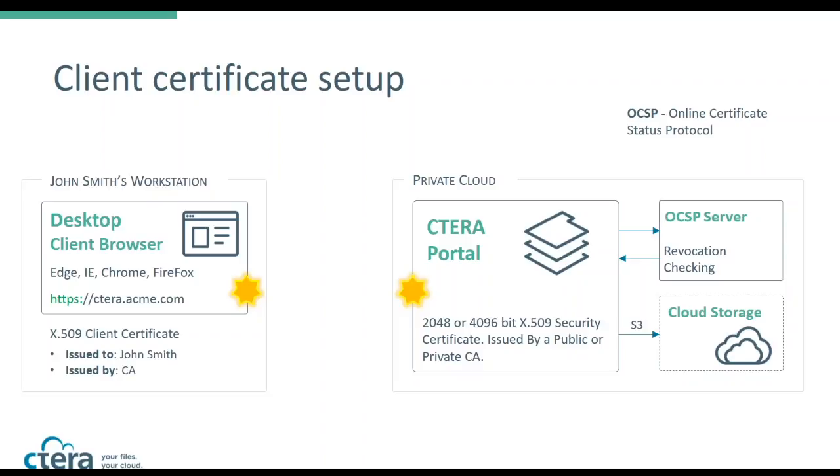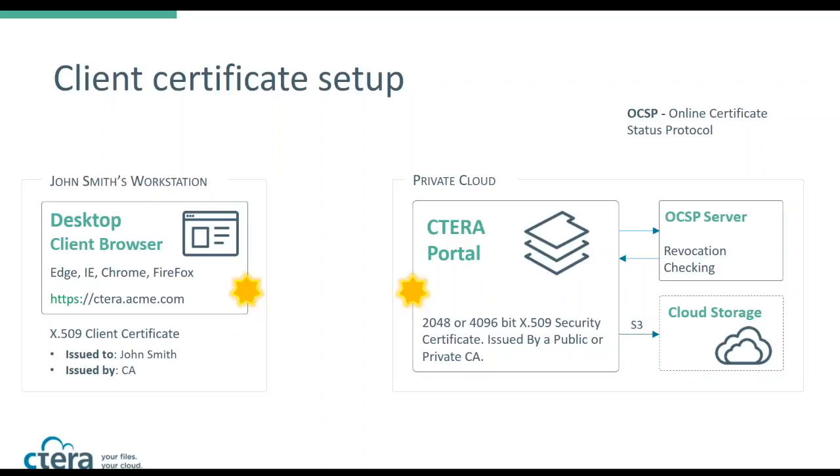Now, upon opening, let's take the browser for example, and attempting to browse to CTERA portal's web interface and upload or download a file, both parties will first identify each other. Both CTERA portal and John will check the identity of each other and then prompt for other factors of authentication. So we can open up our Chrome.